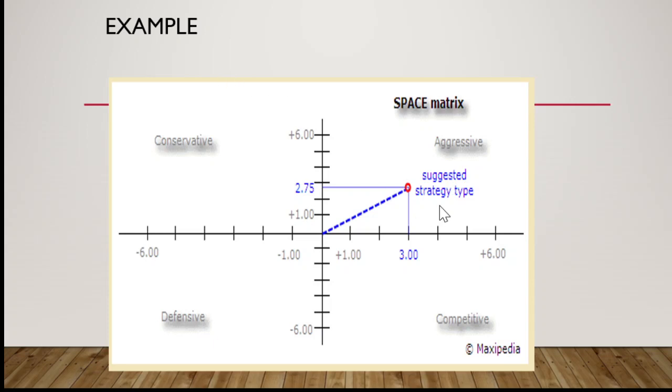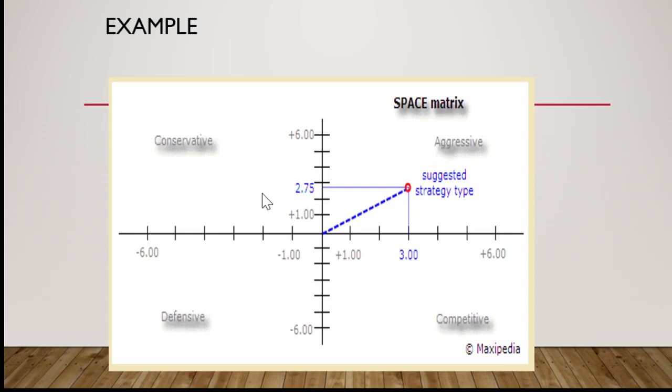Okay, so ganun yung space matrix natin. So if we fall under the aggressive quadrant, it means that the company has an excellent position to use internal strength. So we need to take advantage of the external opportunities and overcome the internal weakness to avoid or minimize external threats.